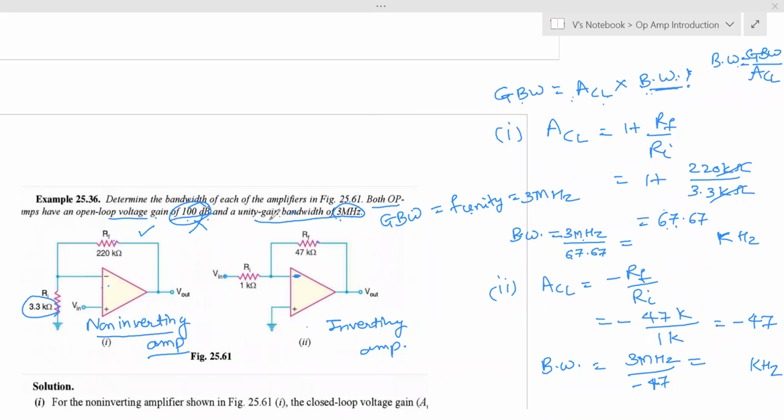44.33. 44.33 किसका है? मैम फर्स्ट वाले का. 44.33 किलो हर्ट्ज, राइट। और इसका माइनस 63.83. 63.3.